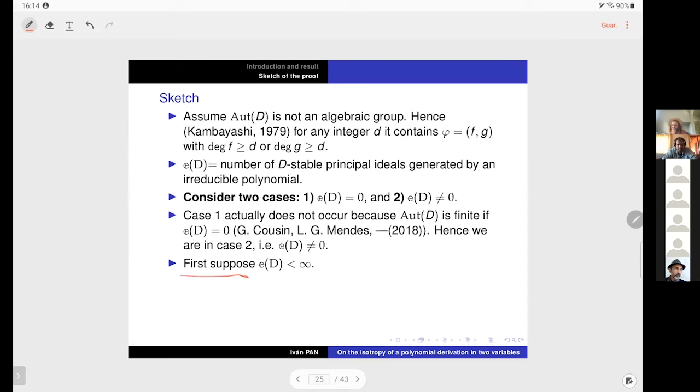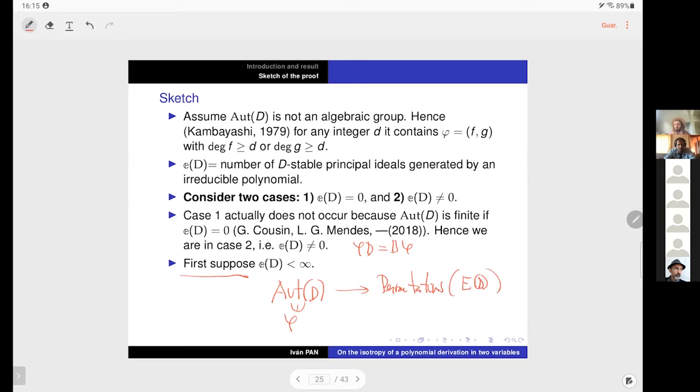In this case, if you take an automorphism here in the isotropy, the fact that this element commutes with the derivation implies that these automorphisms permute the stable ideals. Then we have a homomorphism to the set of permutations of this set, the set of the stable ideals.